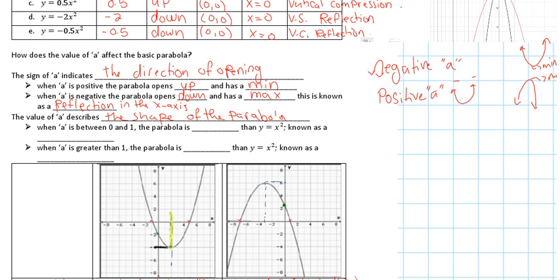These are all numbers between 0 and 1. The parabola is wider than y equals x squared. Remember, we're always comparing to y equals x squared, and it's known as a vertical compression.